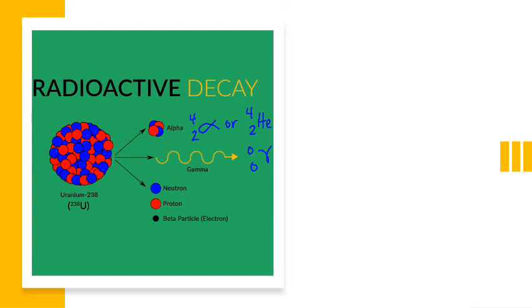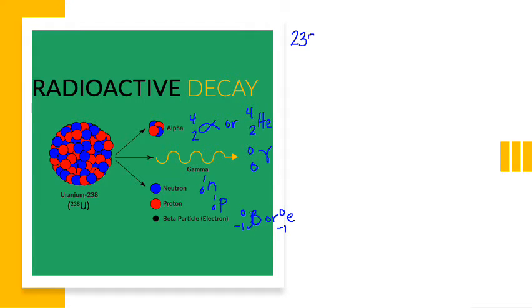A neutron is going to look like this. Proton, and the beta particle is going to look like this, or that. And yeah, we'll just learn by doing.